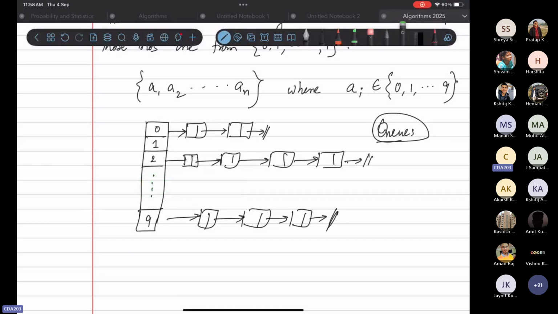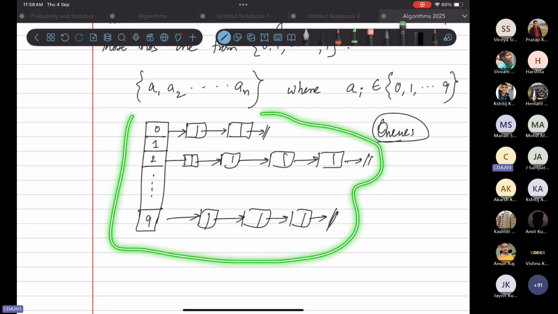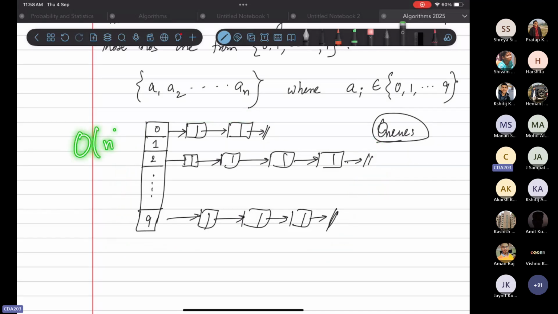I can insert at the very end of this list in constant time. So overall, creating this structure would cost me O(n) time. And while printing, I just have to print these queues.